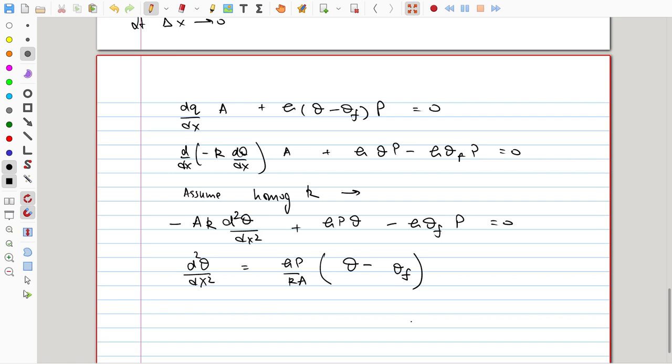Right. This is our governing differential equation for the problem. That is not Laplace's equation. What is it called? This has got a mathematical name. Anybody knows that? Any answer?